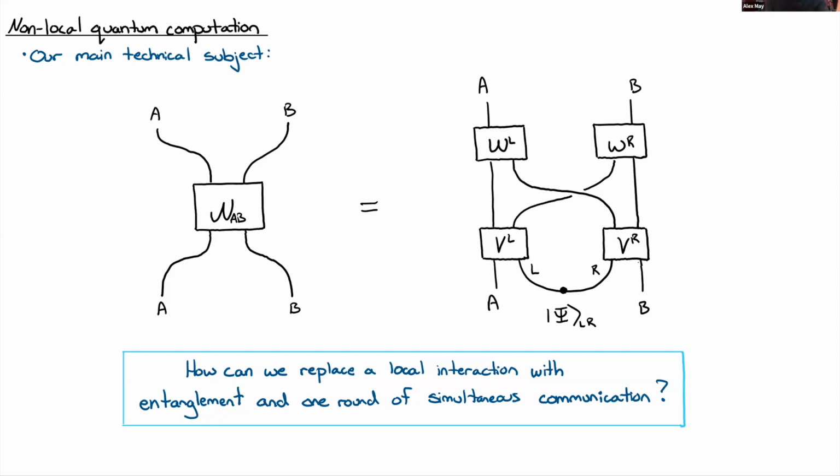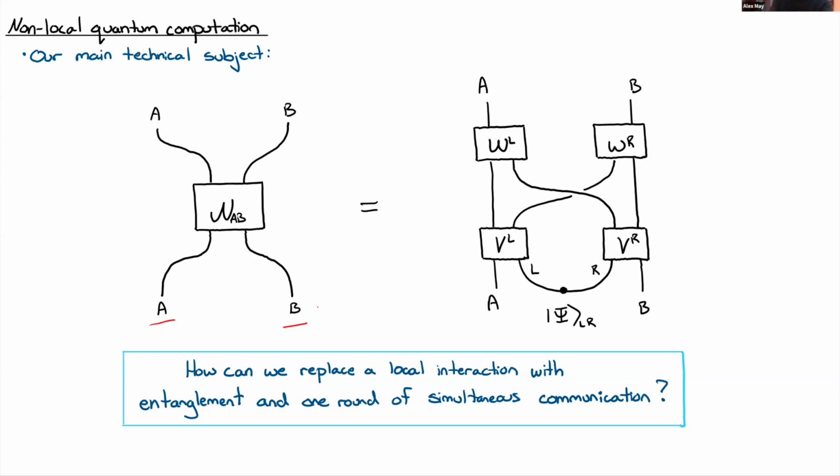The main technical subject that we're going to be interested in is something called non-local quantum computation. To explain this, let me start with this picture on the left. The setting is that we have two quantum systems, which I've labeled A and B. You can think of those as collections of qubits. Those systems initially start out separated.